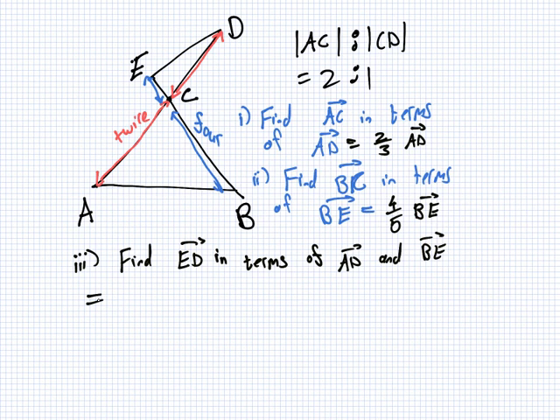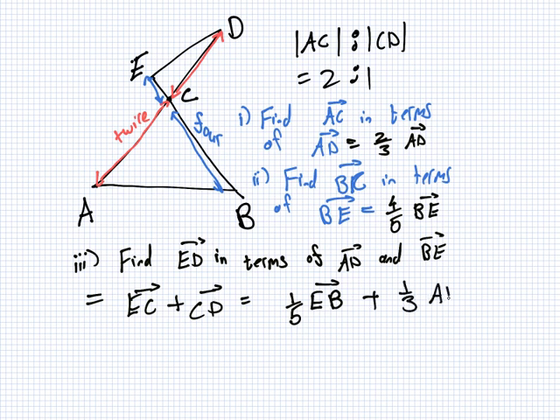Okay, so ED, I think I'll say ED equals EC plus CD. Now EC, I can see that's 1/5 EB, isn't it? I'm doing it bit by bit. Then plus CD, which is 1/3 AD, isn't it?